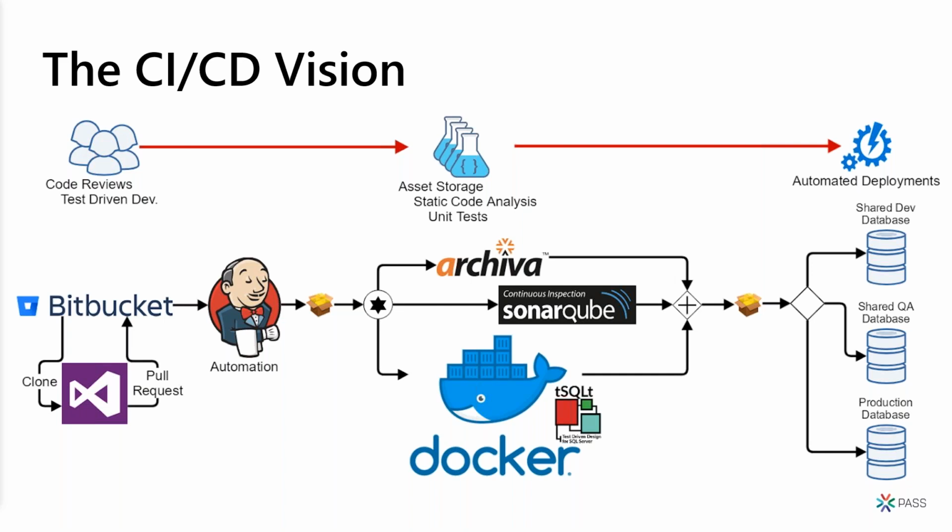So let's start back on the left when we talk about code reviews and test-driven development. This is how we do it on premises. This is not necessarily how we'll do it on the cloud, although I think there's a lot of overlap. We use Bitbucket for versioning, which is Git, right? So that's where we have our centralized repository for Git. We use Visual Studio, especially 2019, I've been really impressed, to clone our projects.